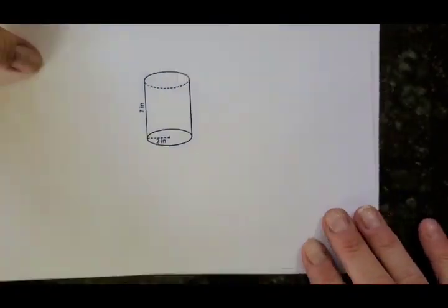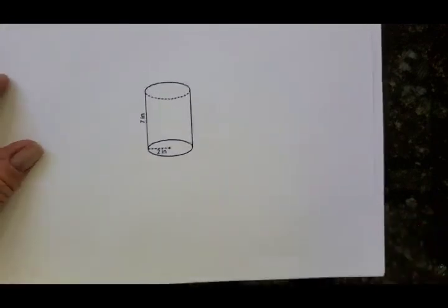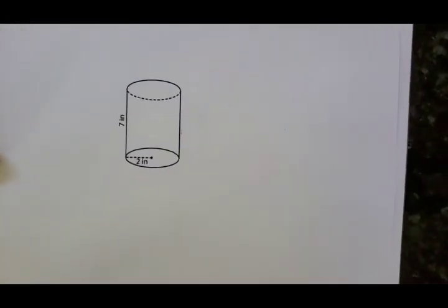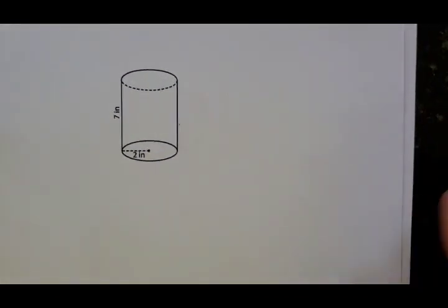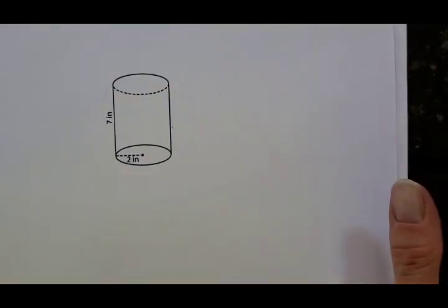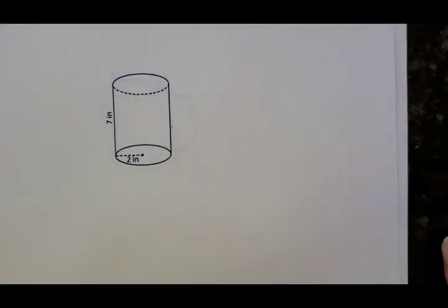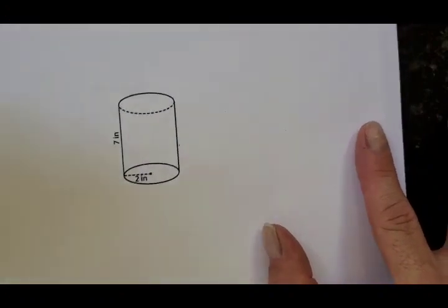So this is not the easiest thing in the world. So we'll do 2 more examples together. So I'll zoom in on this. Find the surface area of this cylinder.